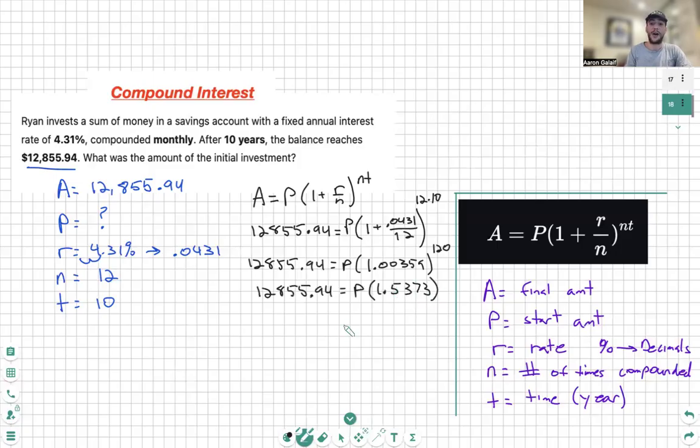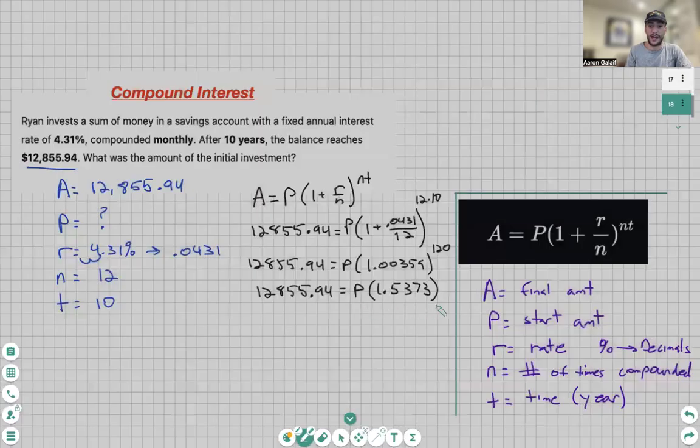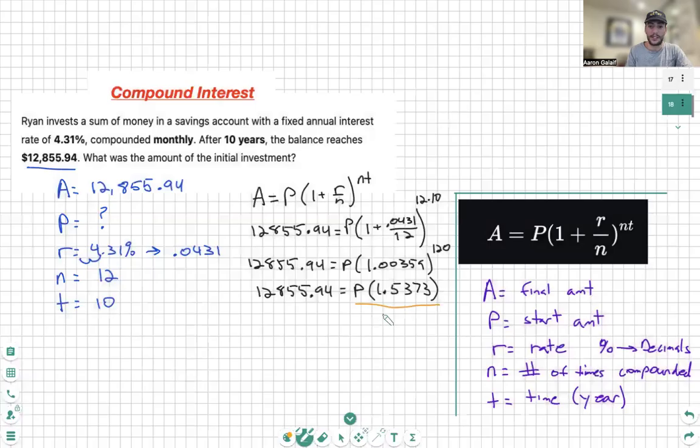Now, remember, we're looking for P. So what I'm going to do is divide by the term attached to it, and that's 1.5373. I'm going to do that to both sides. And then you're going to see we get our final answer for P, which is 12,855.94 divided by 1.5373.